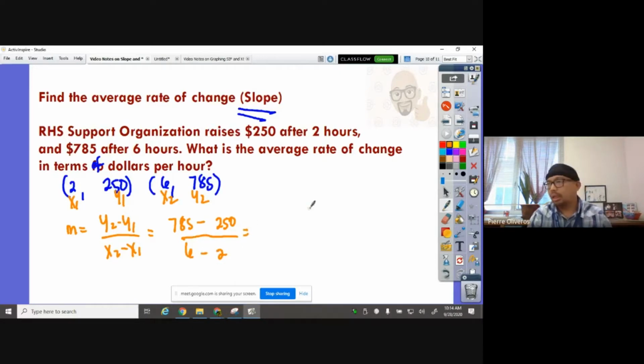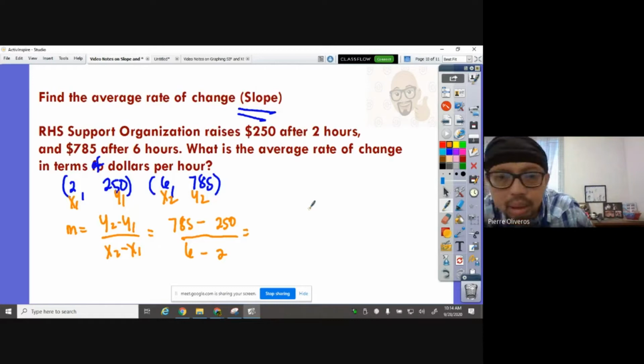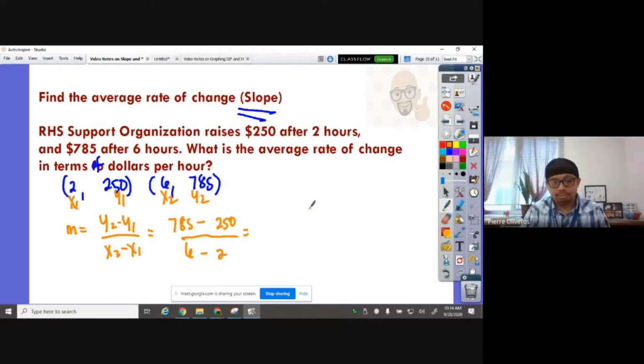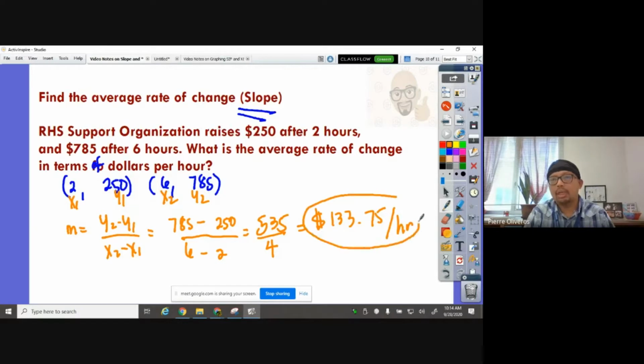In this case, we're probably going to need a calculator here. 785 minus 250 will give me $535, divided by 4. That tells us that there are $133.75 raised for every hour. And that is my average rate of change for this scenario.